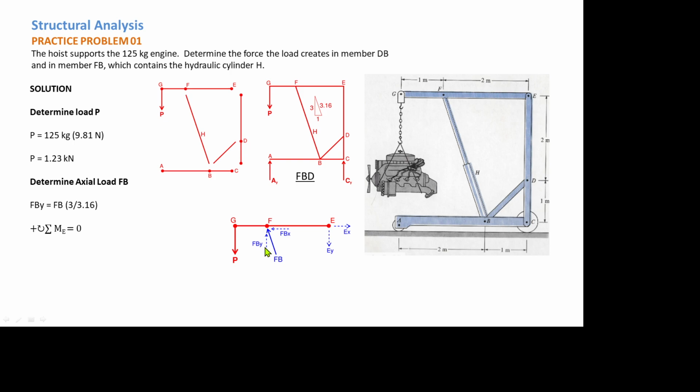If we sum up moment at E, the only unknown that we have is the vertical component of FB, which is FBY.